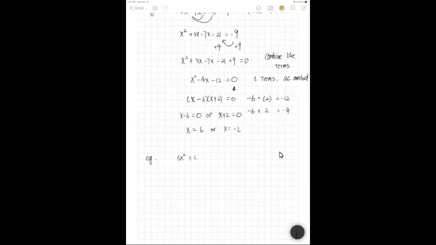3x squared plus 4x minus 5 equals 7x squared plus 4x minus 14. We want to set the equation equal to 0. What can we do? We want to move all the terms to the left.